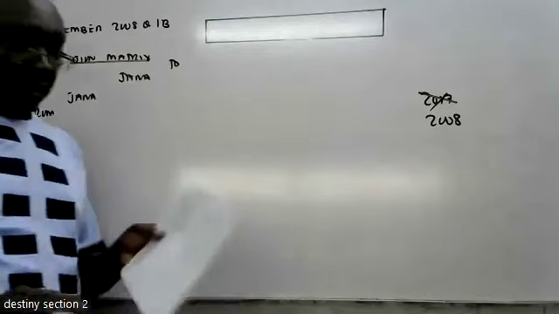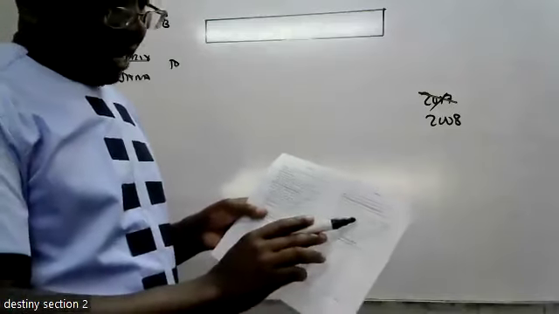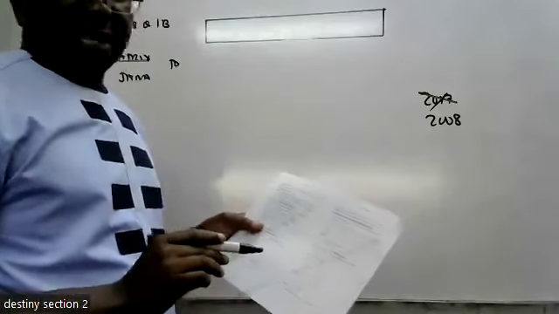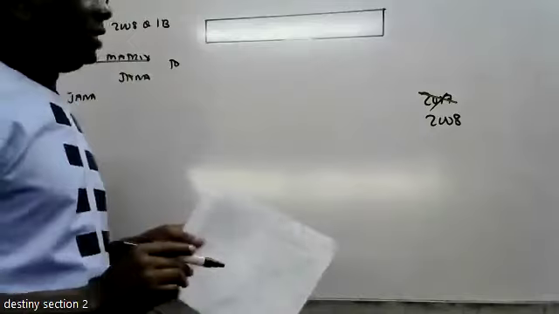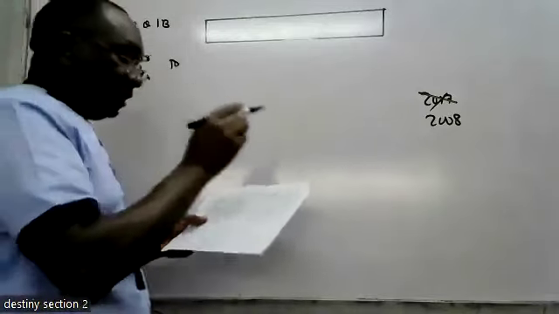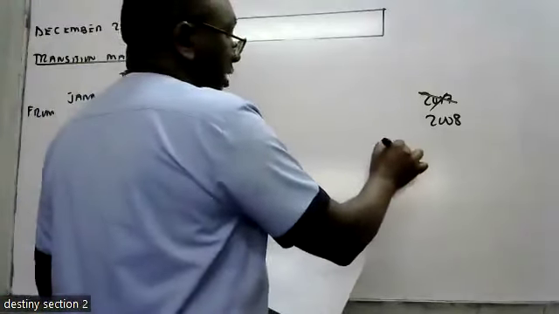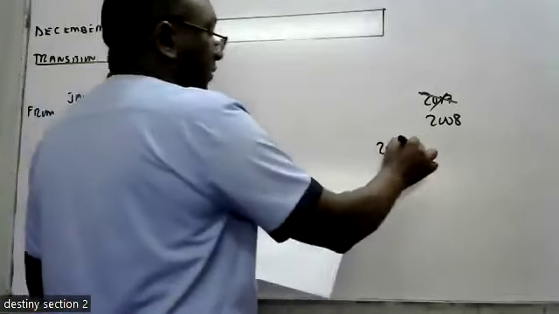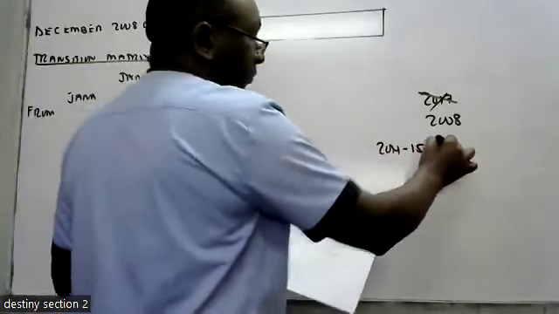And first of all, these spaces that are left here, they are representing retentions. Like for Jana, it will be 204, they lost 15, they lost 9.